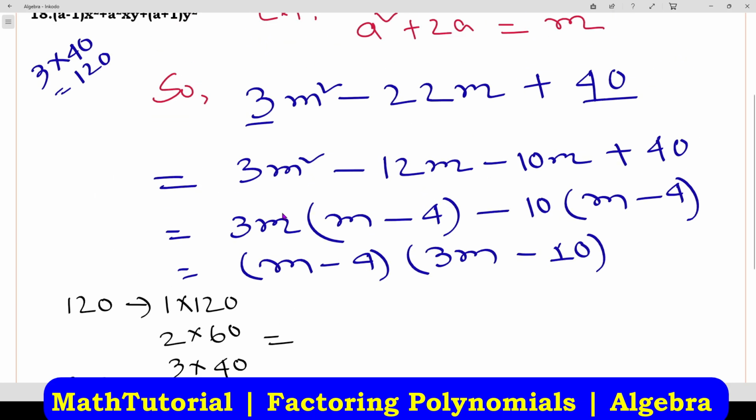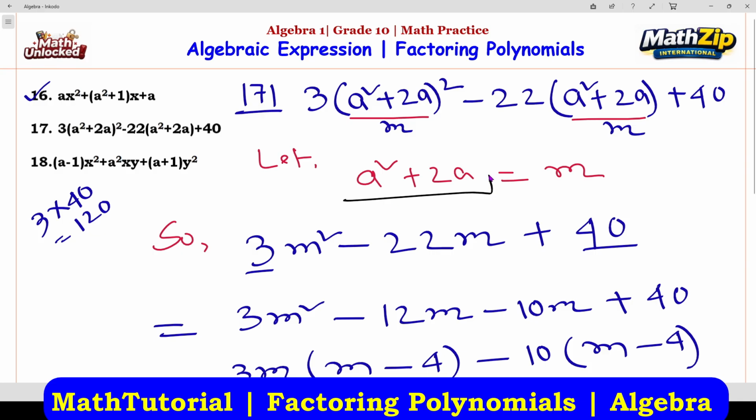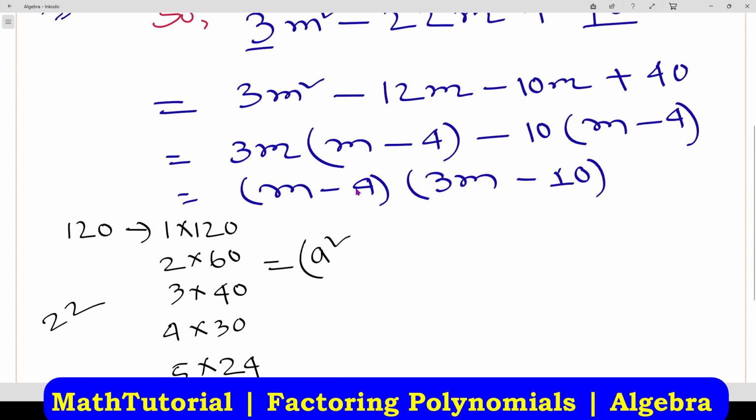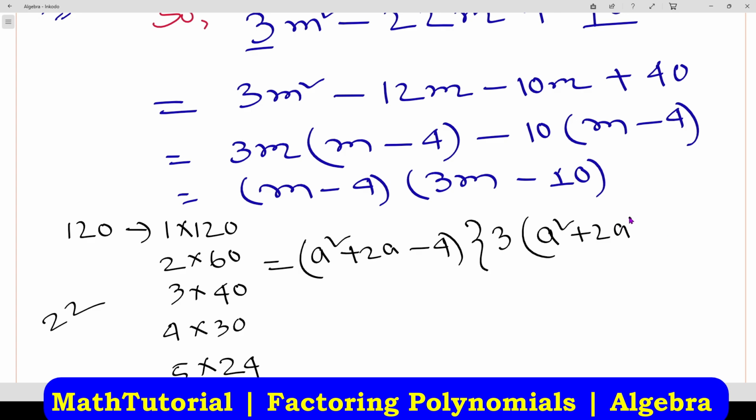What is m? m means a² plus 2a, right? So we can substitute m by a² plus 2a. So here is a² plus 2a minus 4, and here is 3 times (a² plus 2a) minus 10, right?